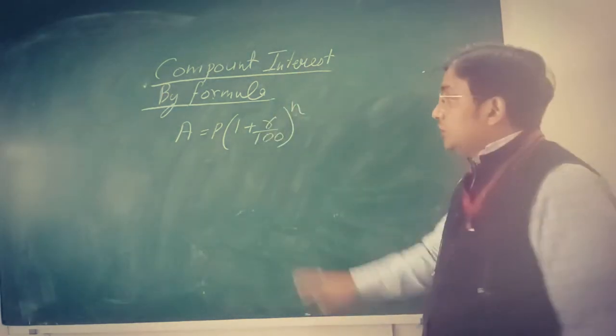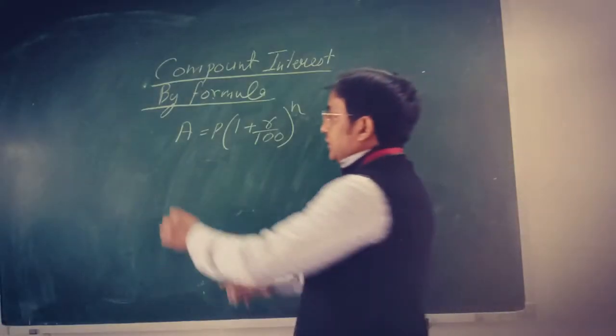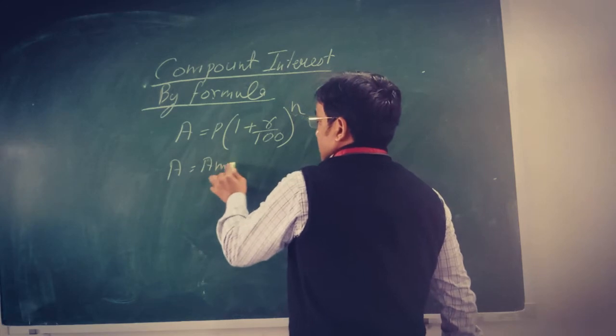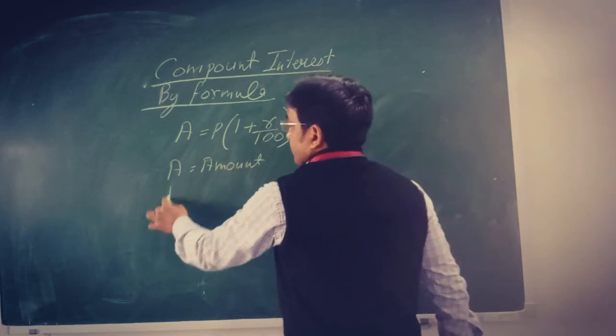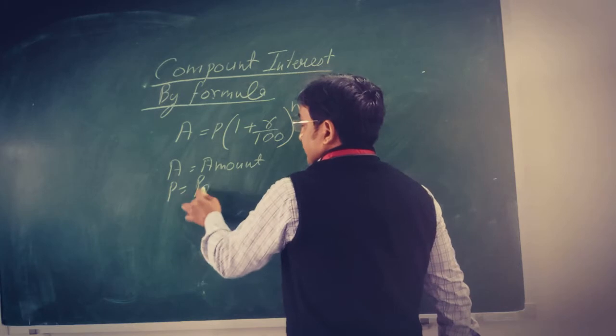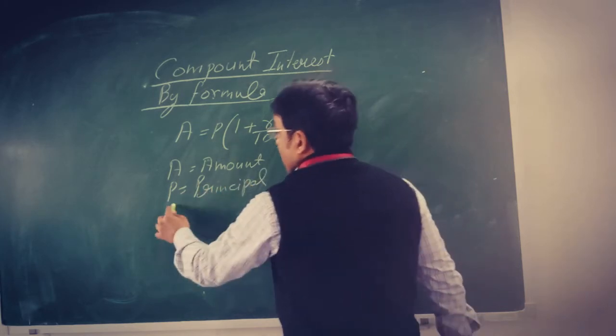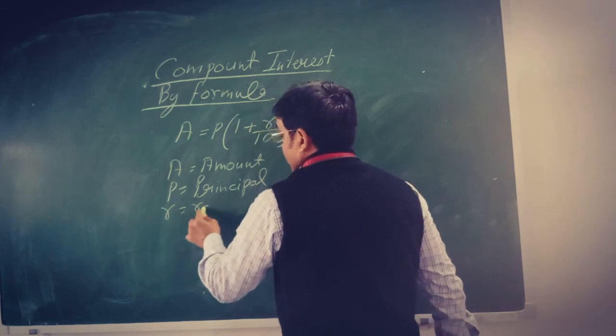Here, A is the amount, P is the principal, R is the rate of interest.